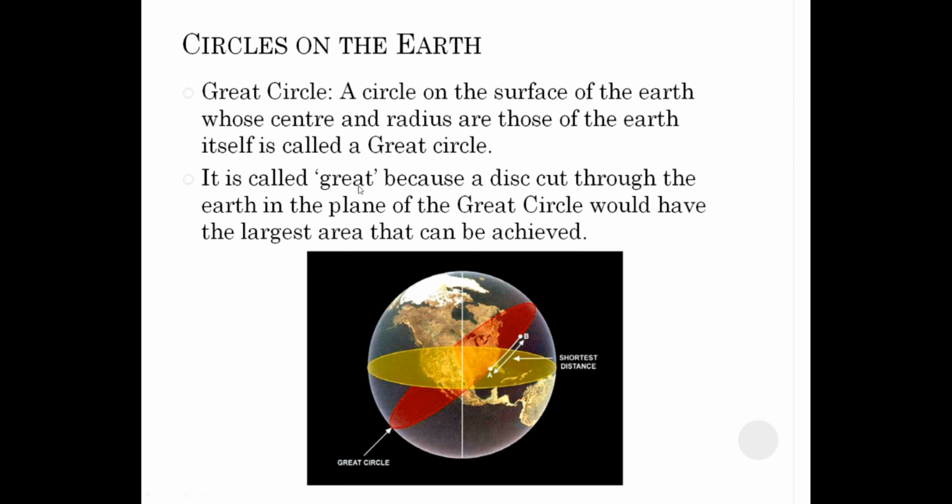It is called great because a disc cut through the earth in the plane of the great circle would have the largest area that can be achieved. As defined here, this is our great circle, and it has the largest possible area.